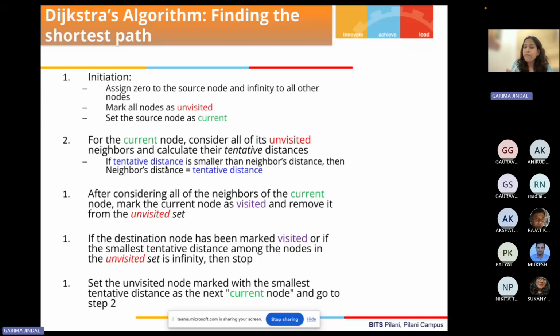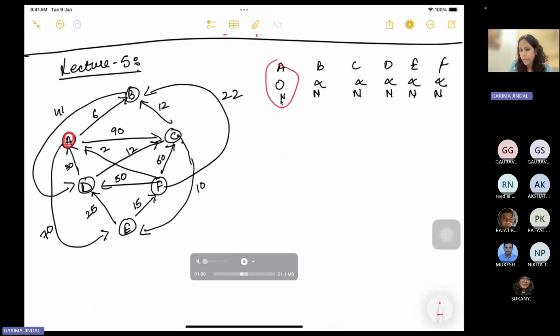Once you identify them, you calculate the cost, which is the distance from the starting node to the neighboring nodes. That is nothing but the weight of those edges. In each step, from each node, suppose here we have A, I will see which nodes can be reached from A and what the distance is.